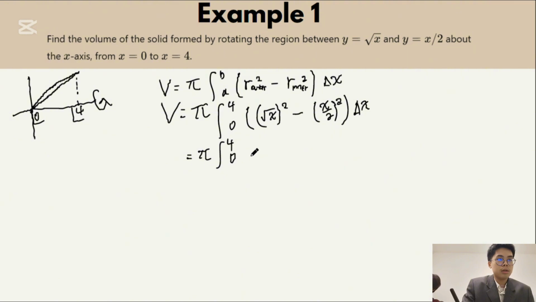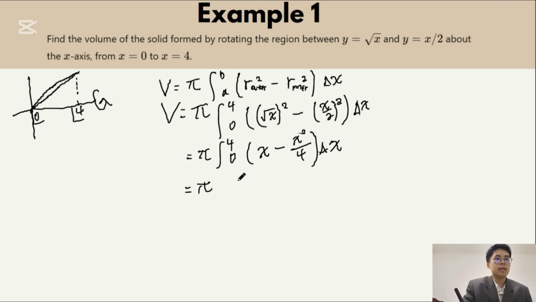Then the square root of x squared will be x, minus x squared over 4, dx. So we'll integrate this function.